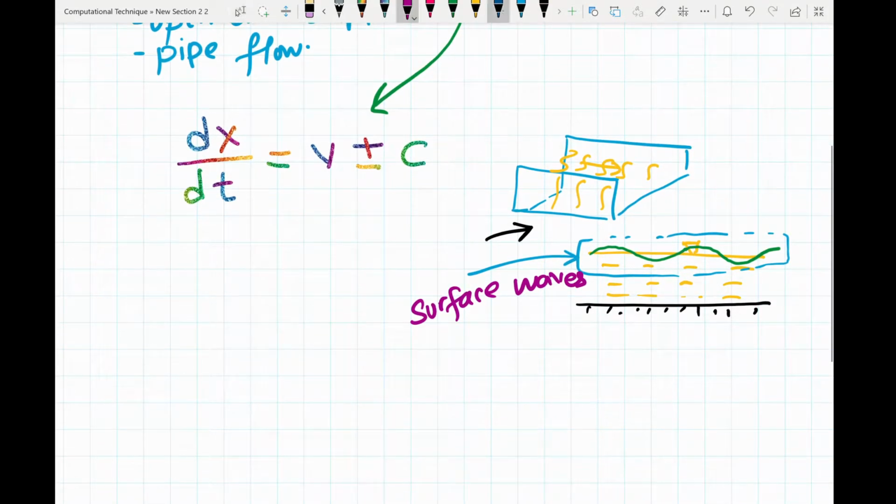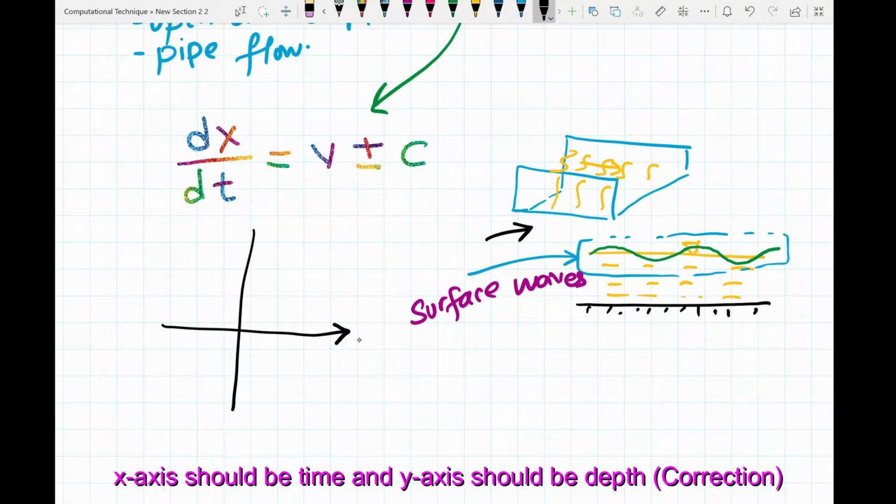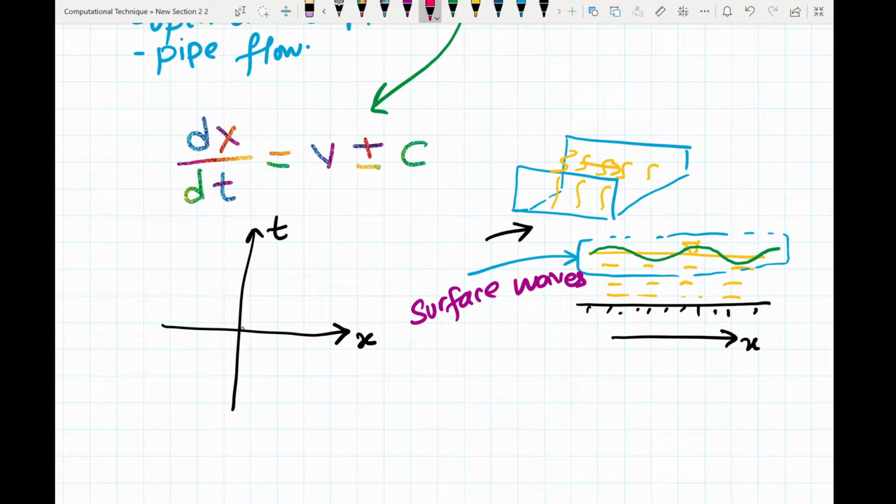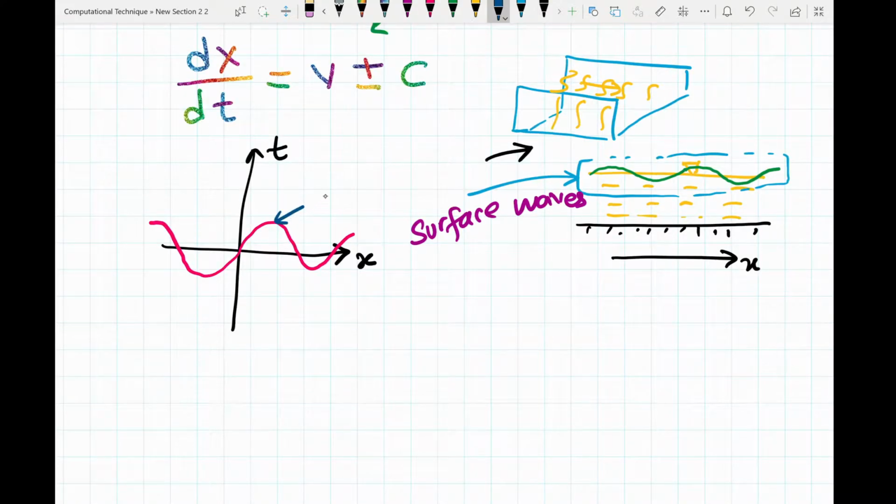Now if you zoom into these waves, you'll find that if this was x and this was time t, then they will follow a sinusoidal type of behavior. This part here is known as crest.